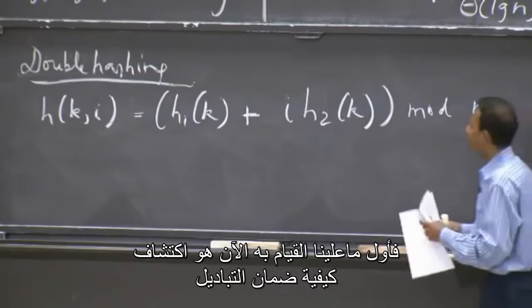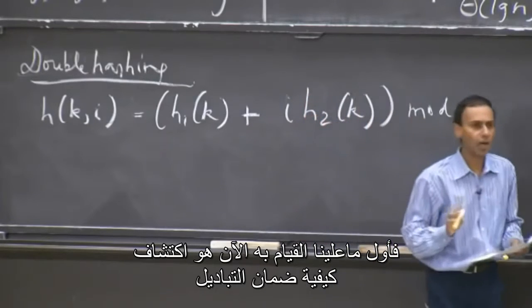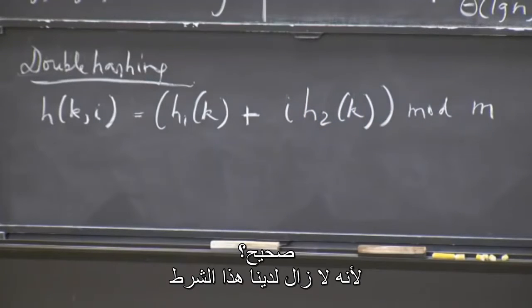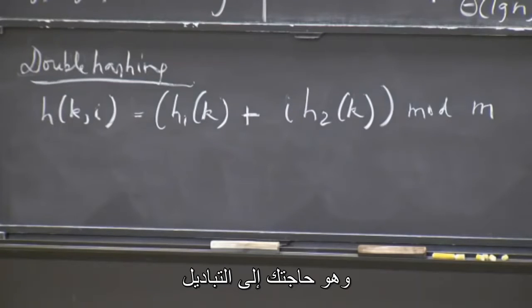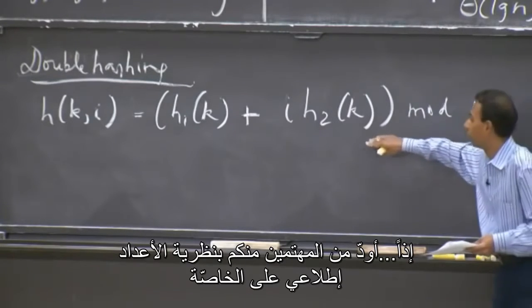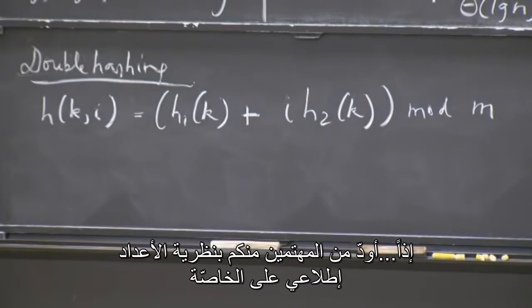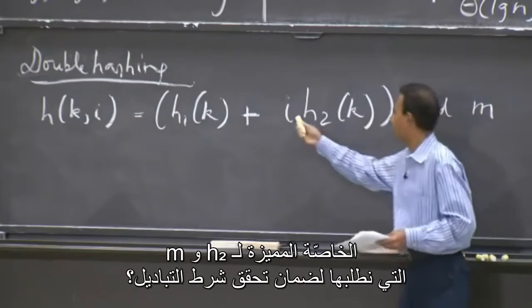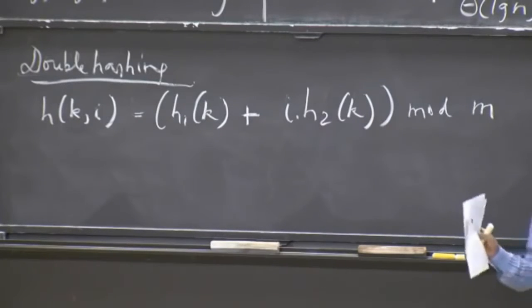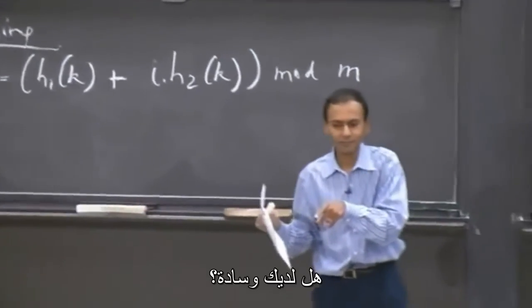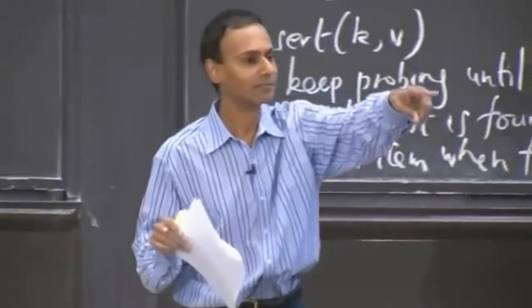Now, the first thing that we need to do is figure out how we can guarantee a permutation, right? Because we still have that requirement. It was okay for the linear probing part, but you still need a permutation. And so those of you who are into number theory, can you tell me what neat property of h2 and m we can ask for to guarantee a permutation?